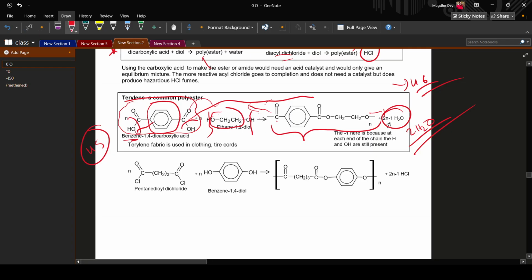Now, if you want to show that it extends on both sides, these brackets must be used. What do these brackets indicate? They indicate that the molecule expands, and this is the repeat unit.